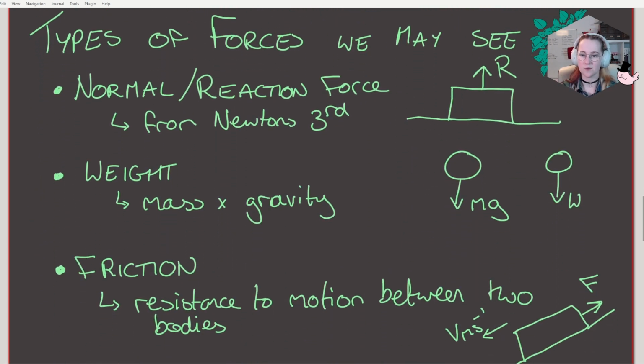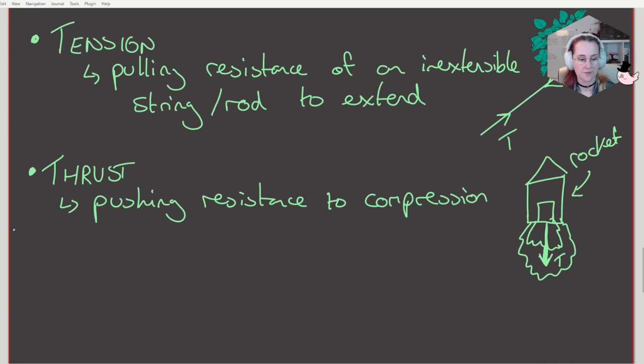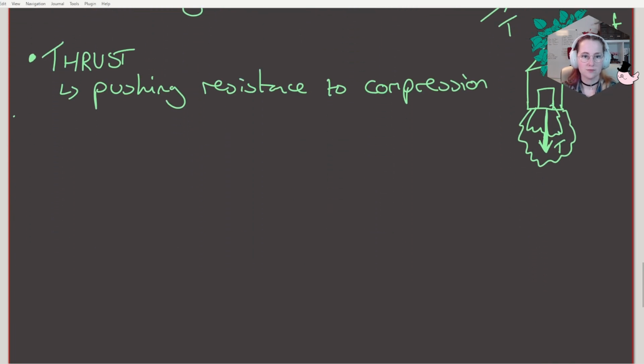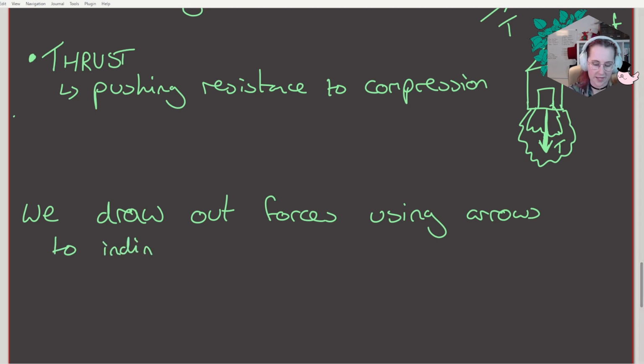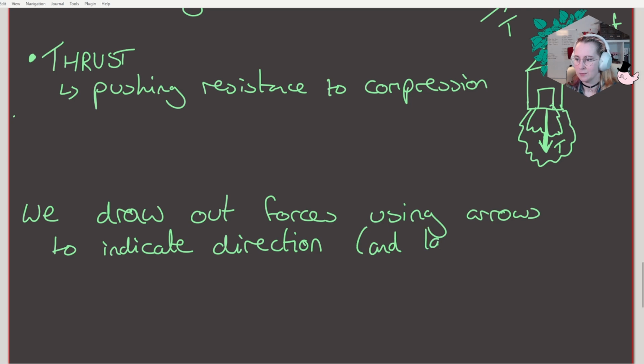So normal reactions, weight, friction, tension, and thrust. Kind of useful to just know about. I keep drawing them with arrows, and that is because we draw our forces using arrows to indicate direction and labels as magnitude.